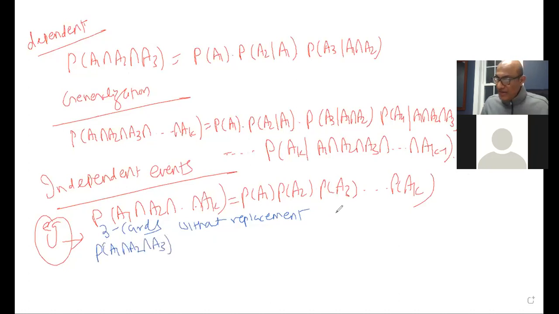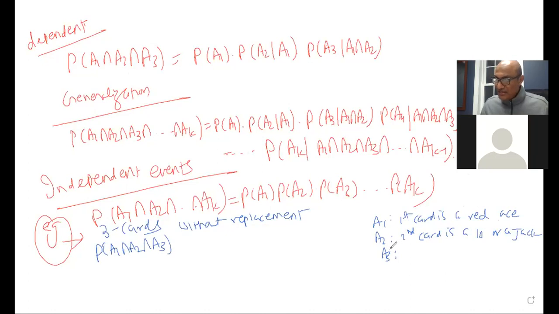This probability, where A1 is the event that the first card is a red ace. A2 is the event that the second card is a 10 or a jack.